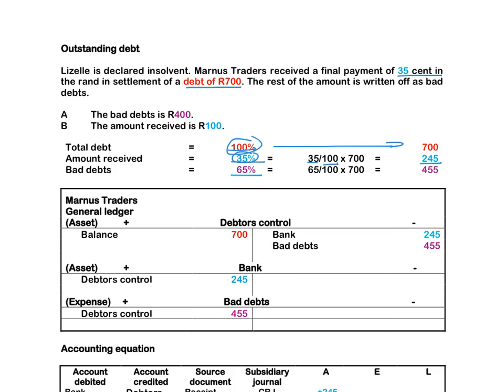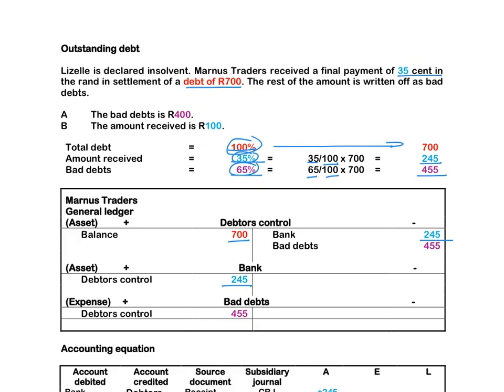The bad debts will be the one that we want, 65, divided by the one that we know, 100, times 700, and that will give me 455. The debtors control had a balance of 700. We will credit the debtors control with 245, and the bank will increase with the additional money of 245.